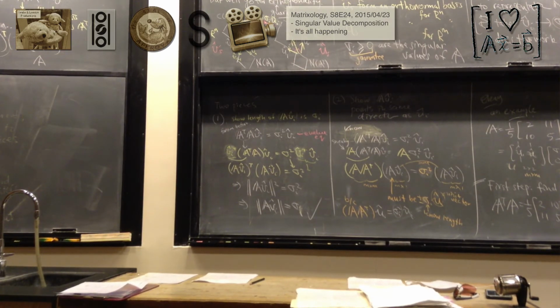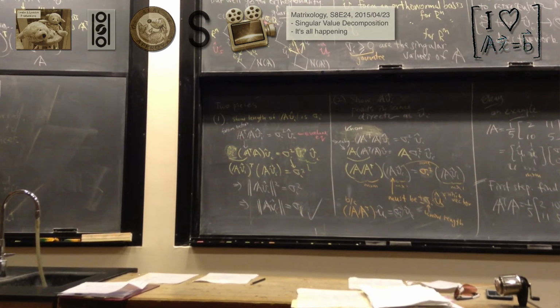I'm going to pull a 2 out of it, factor it out, and 52, 36, 73. And this is symmetric, as is guaranteed. A transpose A must be symmetric. So if you compute A transpose A and you don't get a symmetric matrix, you are in trouble. Check.